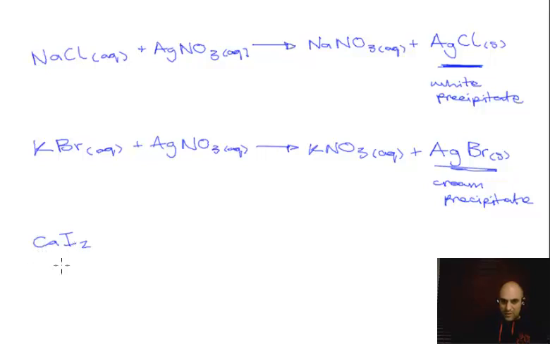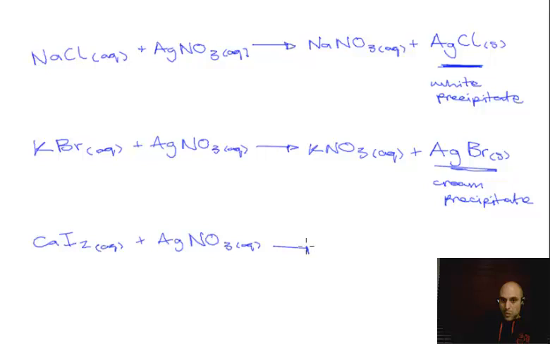The calcium ion is 2+, the iodide ion is I-, so I need 2 iodide ions for every 1 calcium ion, 2+, 1-, yeah? So to cancel out the charges, the formula for calcium iodide has got to be CaI2. Now presuming this is soluble, let's say I have a solution of that. I add some silver nitrate.